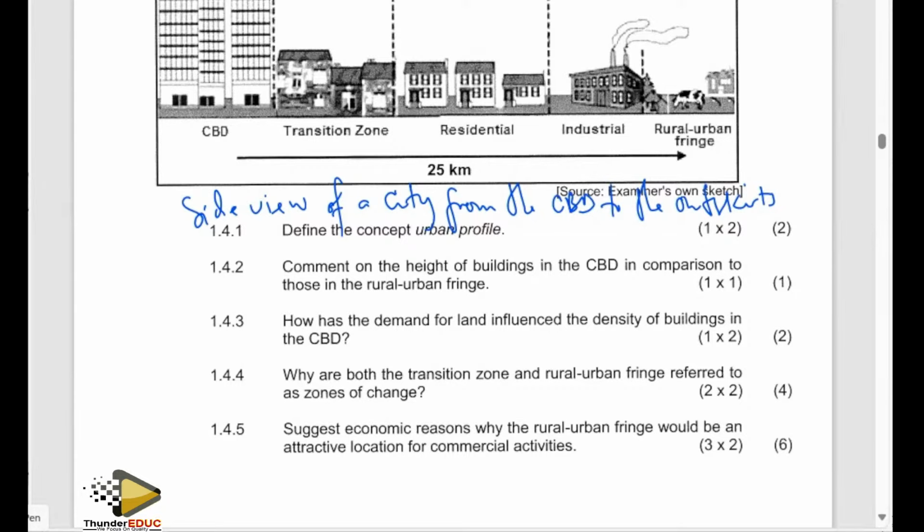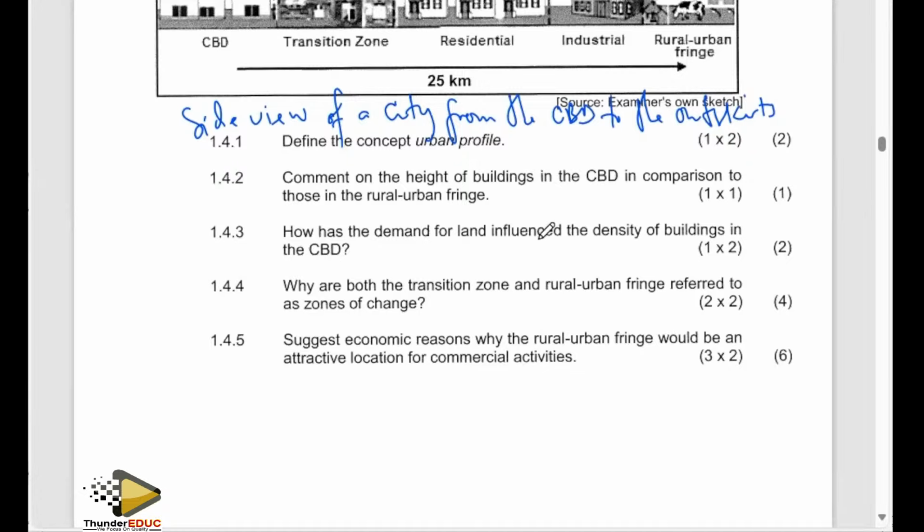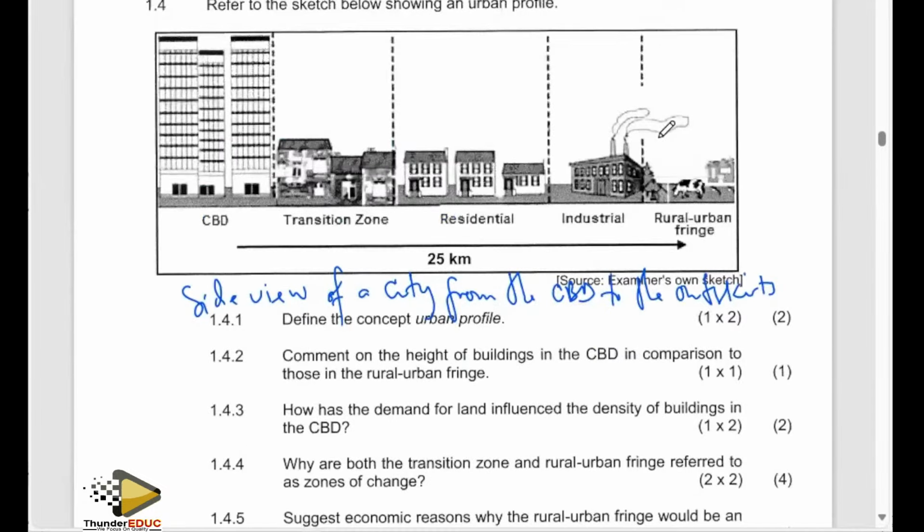Right. We go on to question number 1.4.2. Comment on the height of buildings in the CBD in comparison to those in the rural urban fringe. Right, we're comparing this against this.